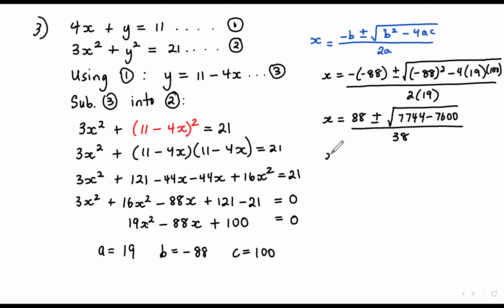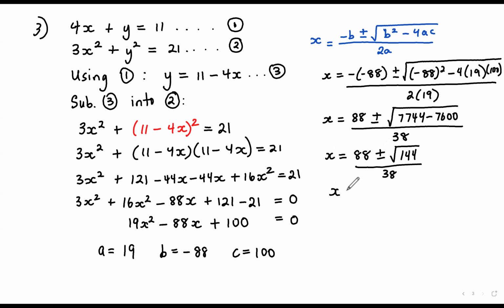So then x is equal to 88 plus or minus the root of 144, because 7,744 take away 7,600 is 144. All of that divided by 38.